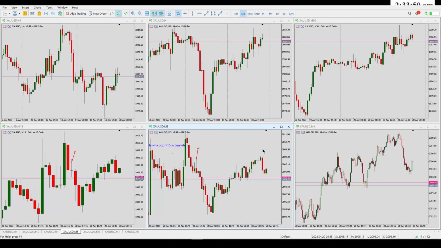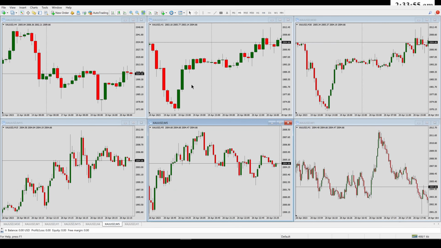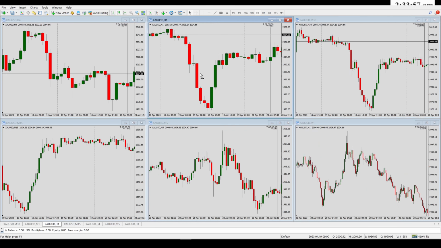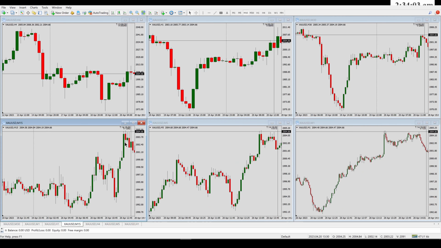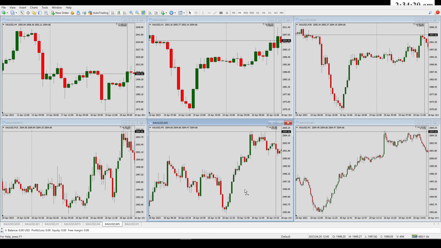So let's move on to this terminal to show you where I executed that trade. Right in here, once the M15 candle broke below the previous M15 candle low, and once we created this area, this is where my trade was, and I was planning to hold this trade for 1992 area.